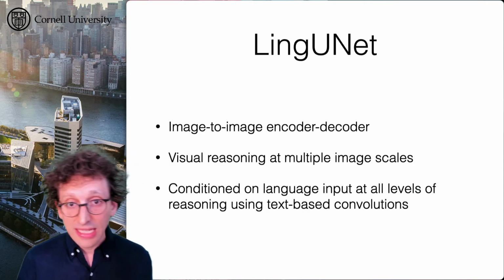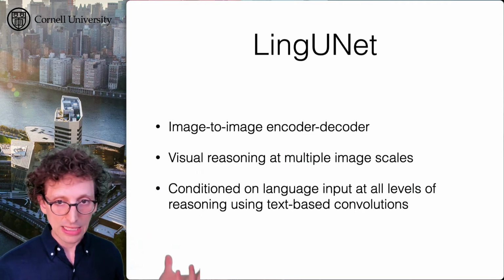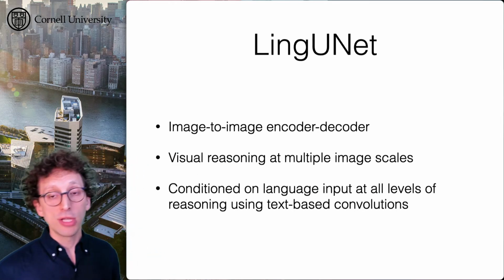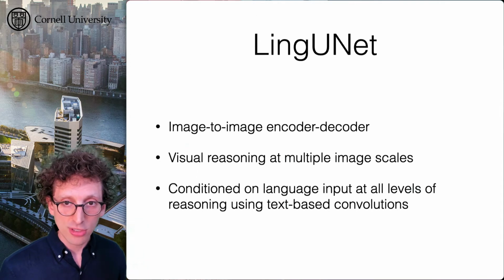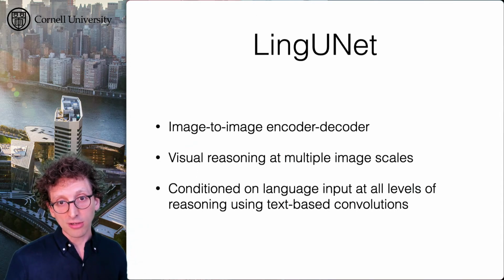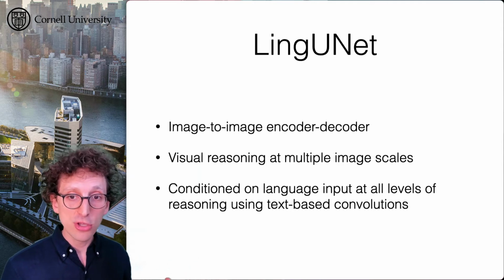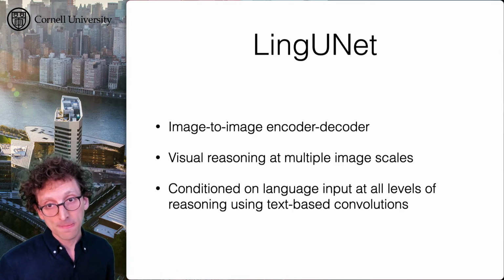So LingoNet is an image-to-image encoder-decoder architecture. Given an image, which is our semantic maps, with multiple channels for all the semantic properties that they capture, it generates a two-channel image that are these distributions, and the input and the output images are exactly the same dimensions.